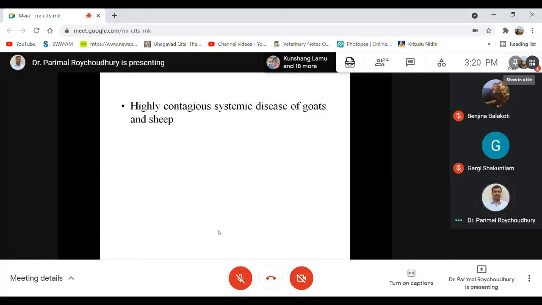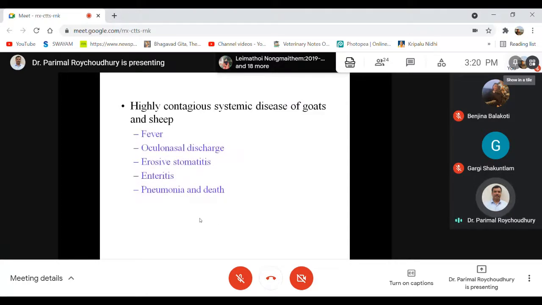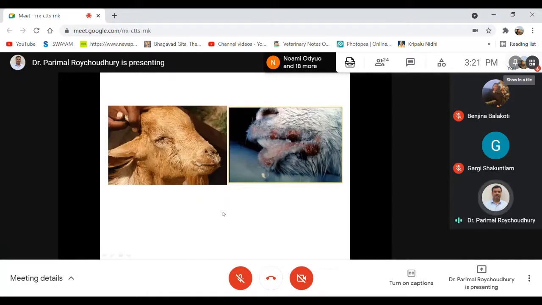So this is basically a systemic infection of goats and sheep, and will be characterized by symptoms of fever, nasal discharges, erosive stomatitis, enteritis, pneumonia, and death. So here, both the respiratory as well as the gastrointestinal tract infections are seen, and mainly by the blood cells, the macrophages as well as the lymphocytes, they disseminate the infection.